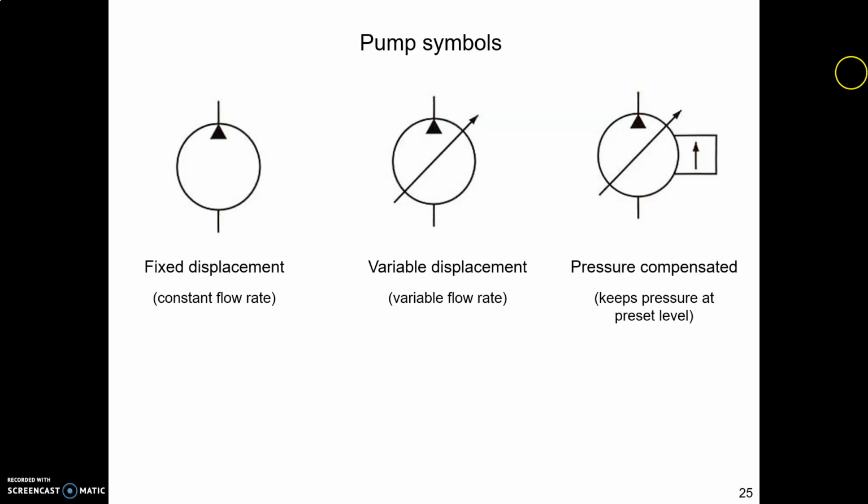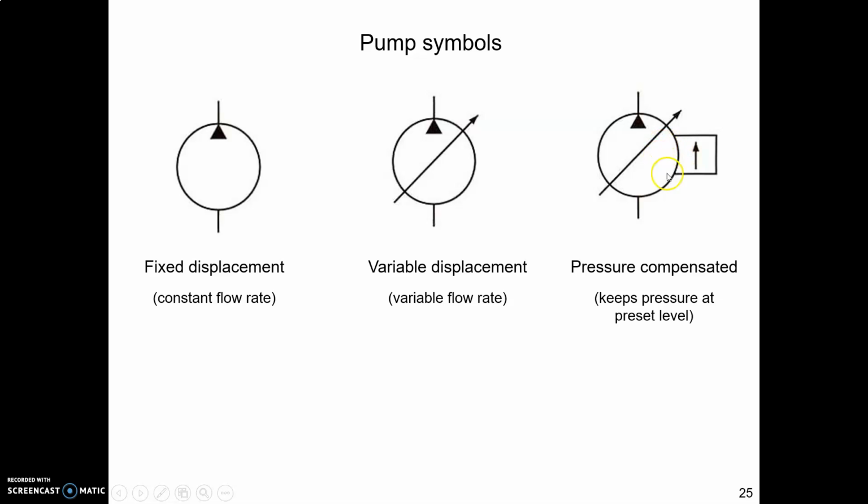On the left, we have our plain old garden variety pump with a constant flow rate, so it's not variable. And then over here on the right, here's a sloping arrow, so we know this is variable, but there's something else going on. There's a box stuck to the side, and that represents a pressure compensated pump.